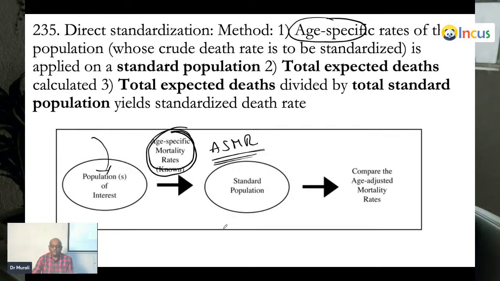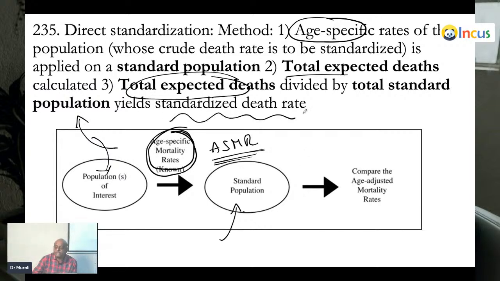You apply that, you have created a standard population. Then you get what is called expected deaths. So total expected deaths divided by the total standard population will give you what is called standardized death rate.